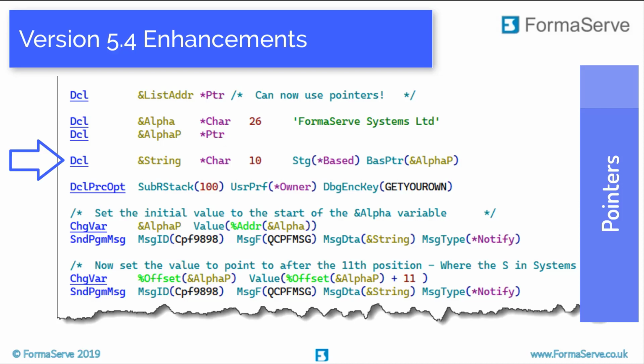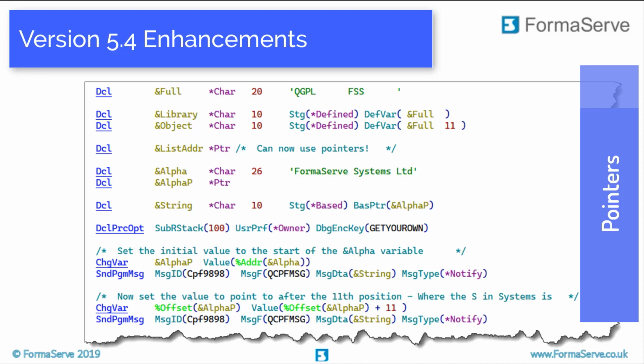We've also got a string underneath that, 10 characters long, and that's using a storage of asterisk based, and it's using a base pointer that actually points back to the alpha P pointer. So anything within the alpha P pointer would actually automatically get reflected here into the string variable.